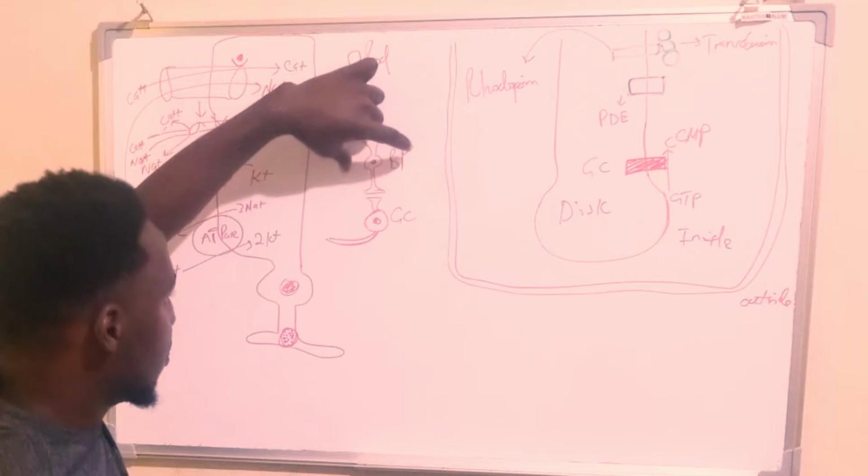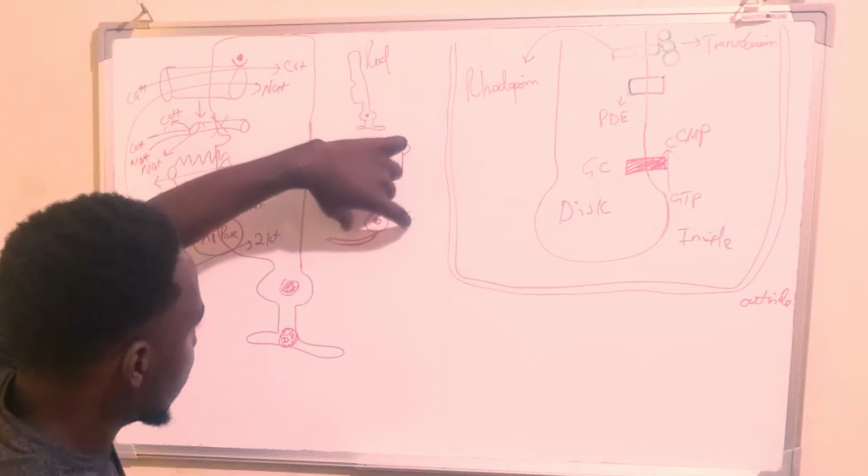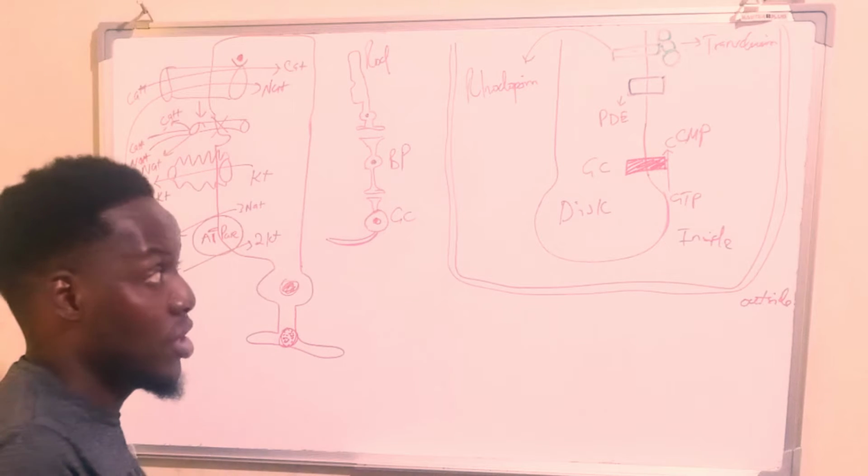The glutamate inhibits these bipolar cells. Less or no release of glutamate happens on these ganglion cells, and therefore no action potentials are generated. That's what happens in the dark.